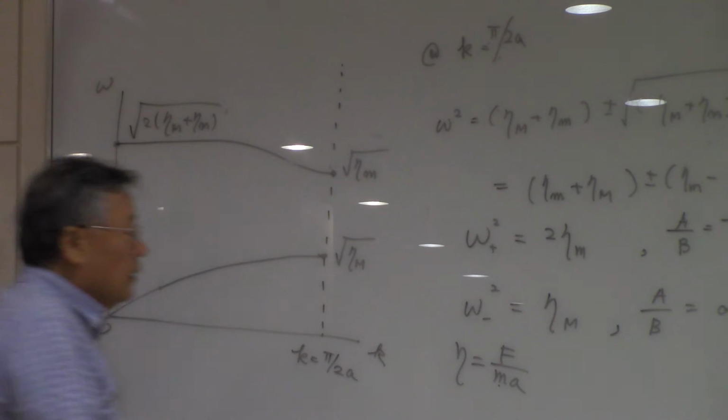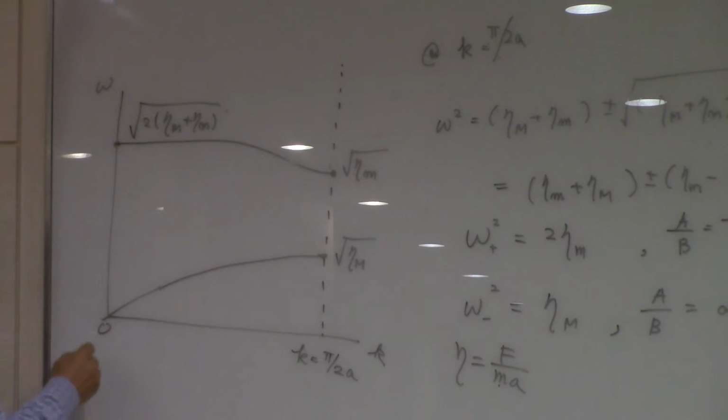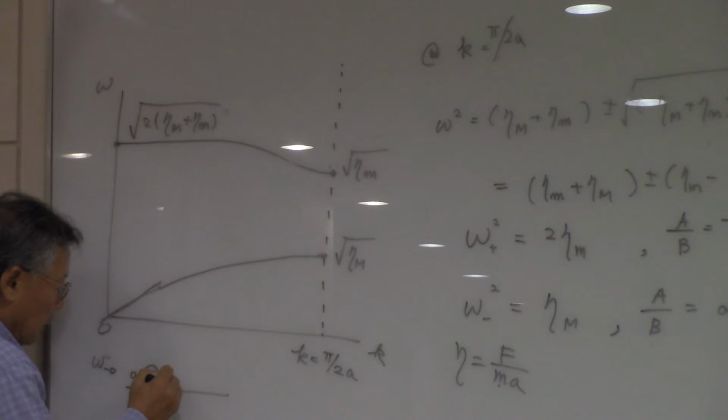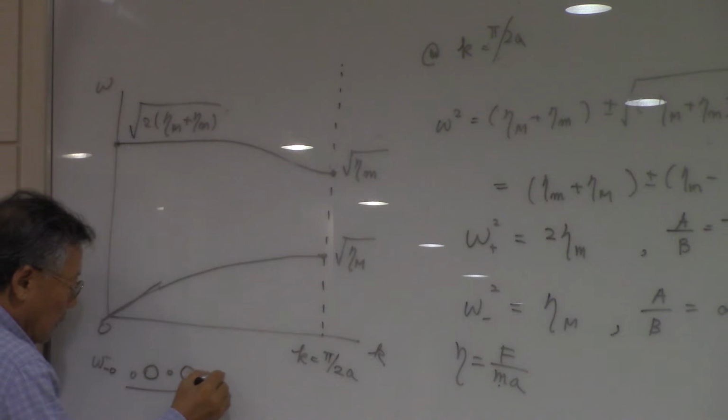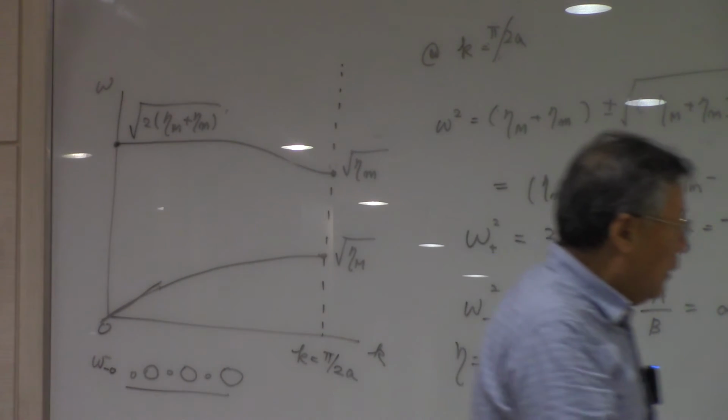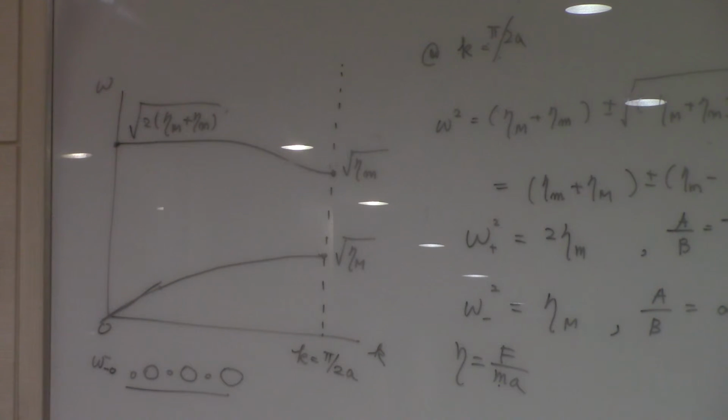The important thing is, at this range, omega minus range, minus 0, the atoms are going to move in the same direction, so that the center of mass is going to be moved. But here we have A over B, where is it? It's something like this.